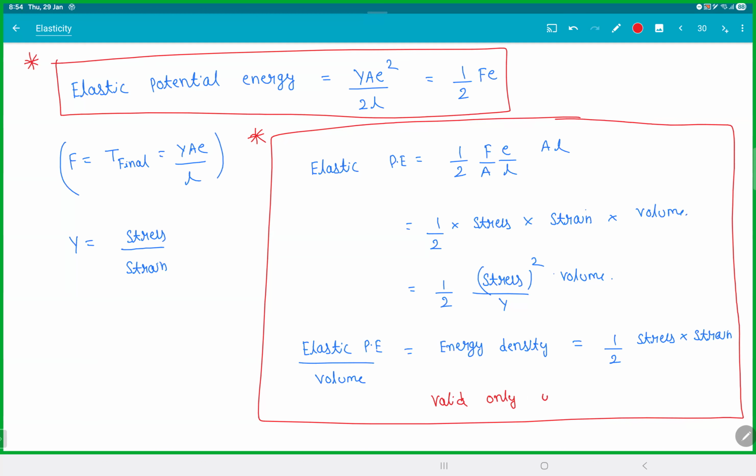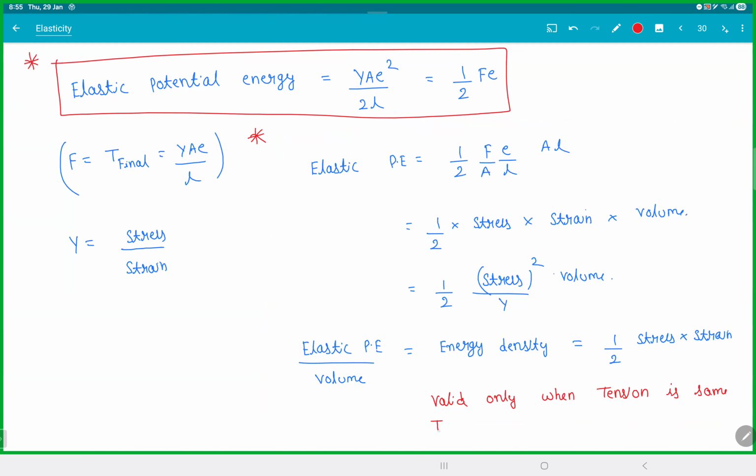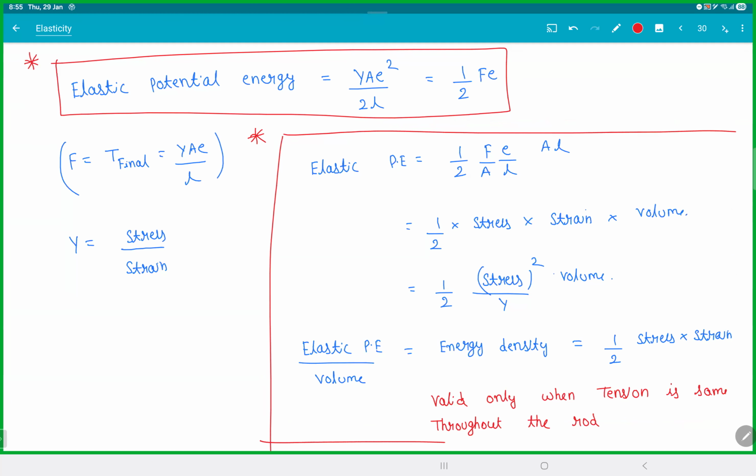Valid only when tension is the same throughout the rod. So every point should have the same tension. You should not have different tension at different points. If your tension is changing with position, you can't use these formulas. Okay, have a look at this.